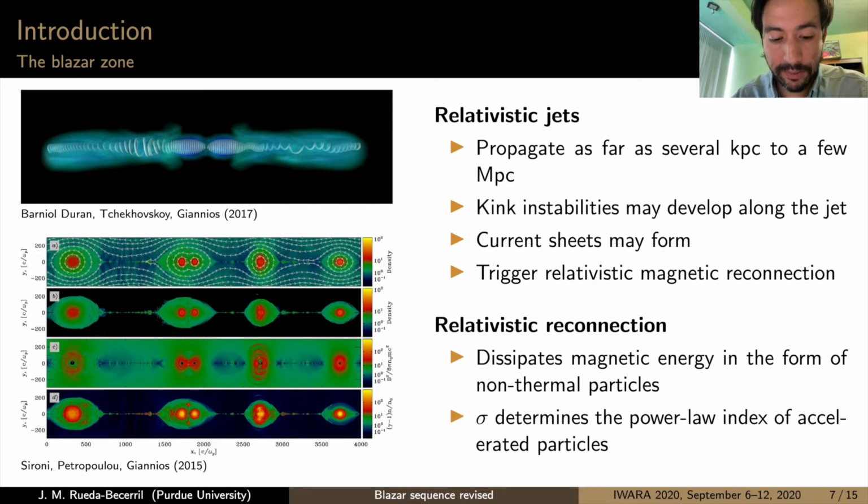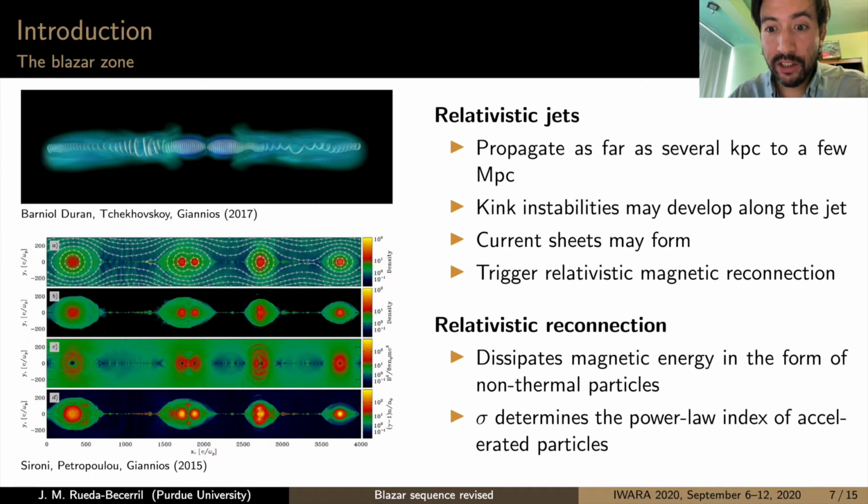Kink instabilities are perfect triggers for the formation of current sheets in the jet, and these in turn are perfect triggers for relativistic magnetic reconnection.